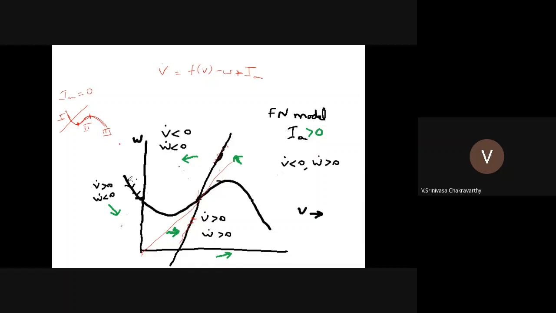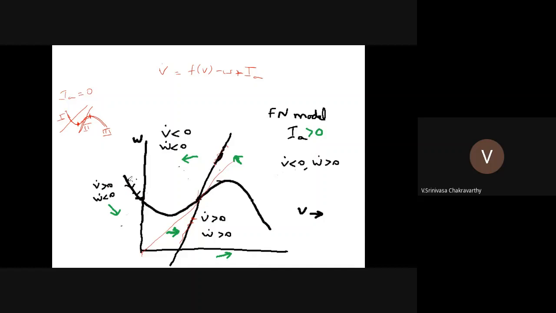So now consider what happens when you increase the input current such that the intersection happens in this part, right in branch 2. What happens there? Even in this case, you can again apply our arguments and notice that above the V nullcline, V dot is negative. Below the V nullcline, V dot is positive.